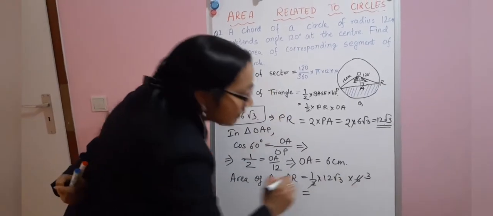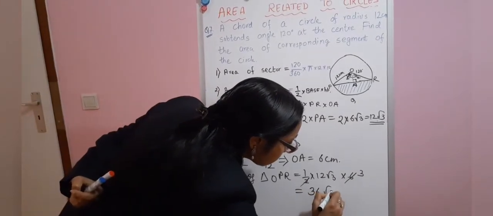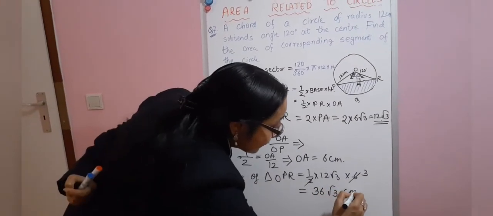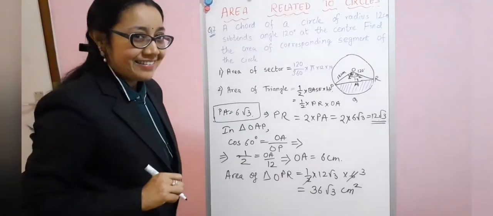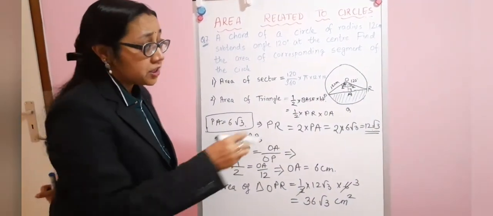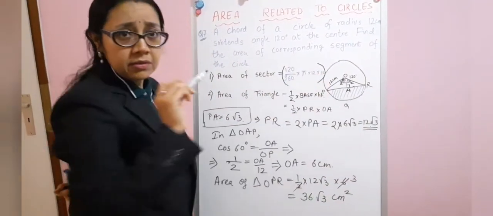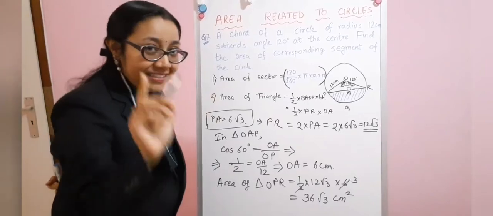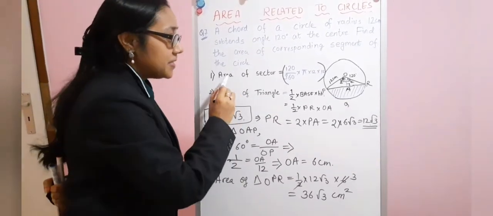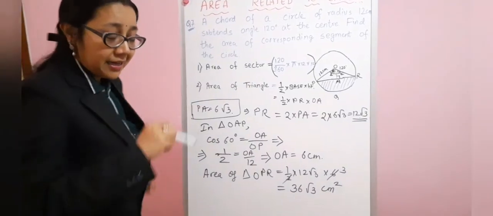That means 12 3s are 36. 36 root 3 centimeter square. Right? Now the last step is remaining, which is we have to calculate the sum of the area of this, not the sum, it is the difference. So area of the sector minus area of the triangle. So let's do it.